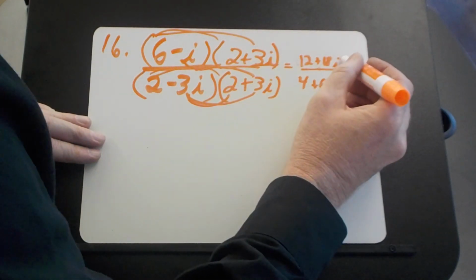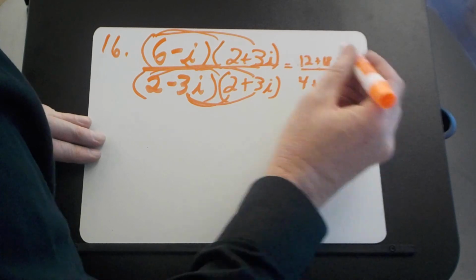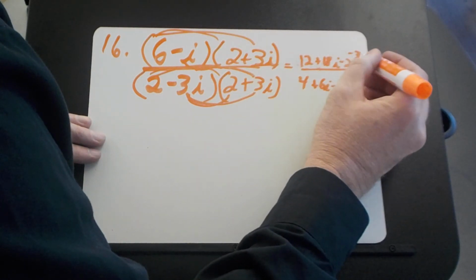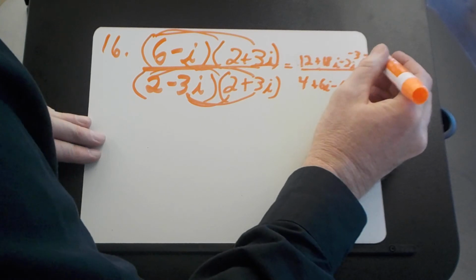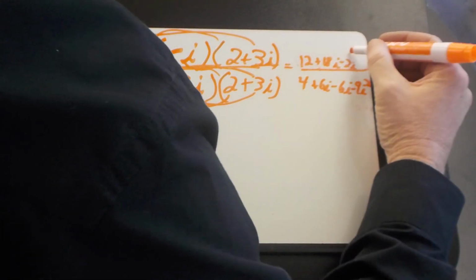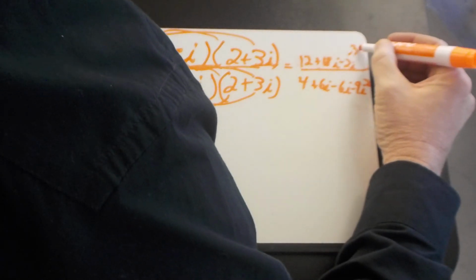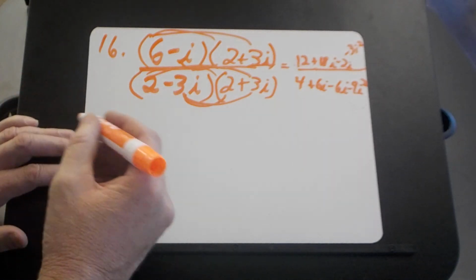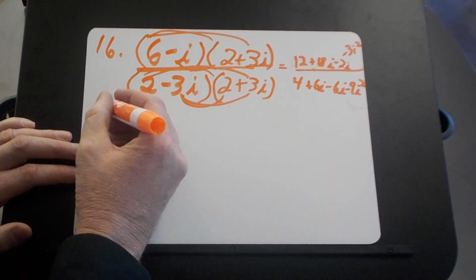Negative i times 2 is negative 2i. Negative i times 3i is negative 3i squared. I'm running out of room. Sorry about that. Let's make this a little cleaner.